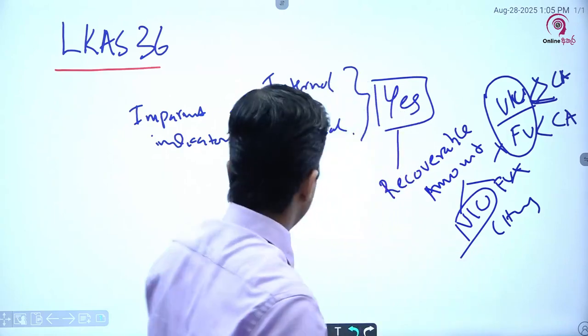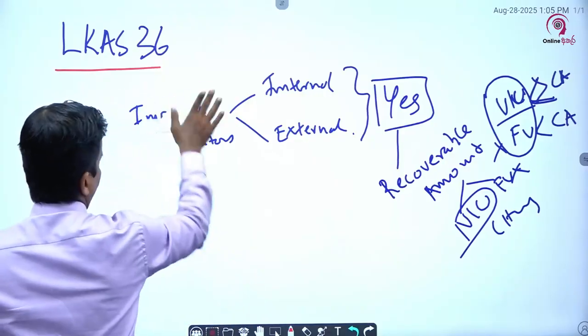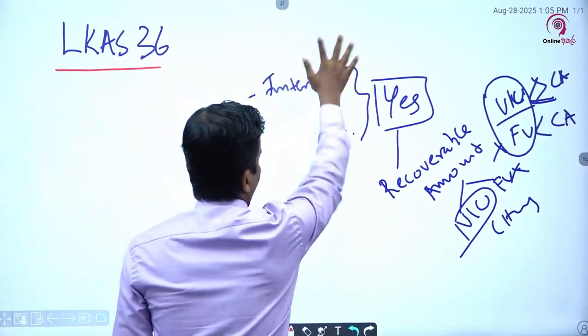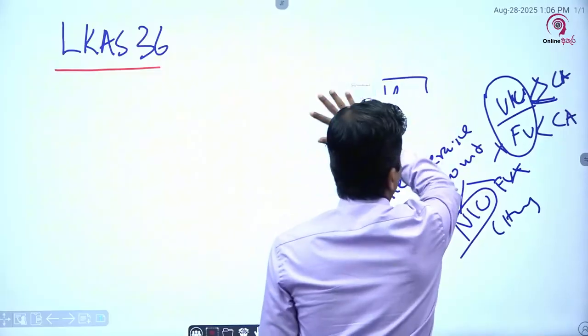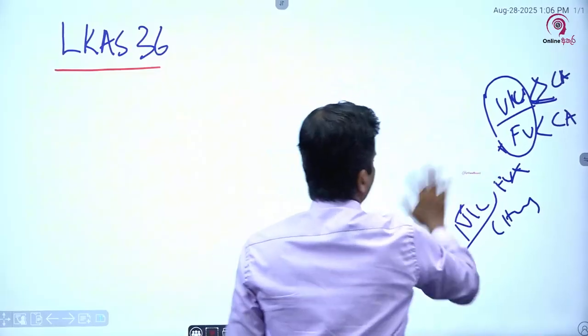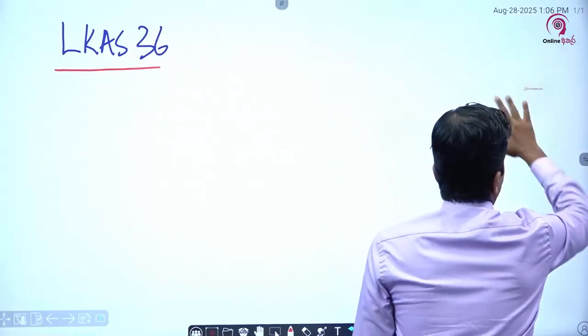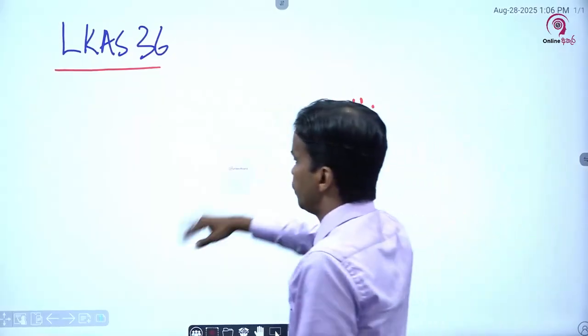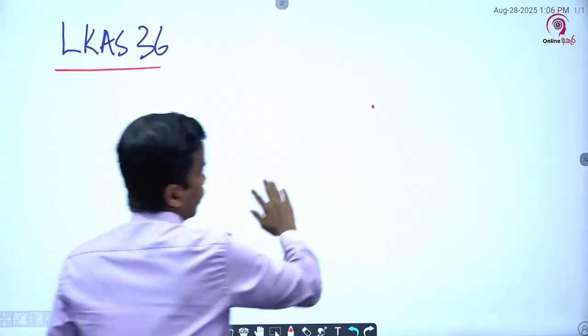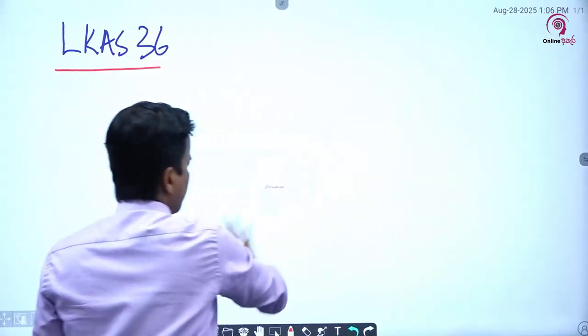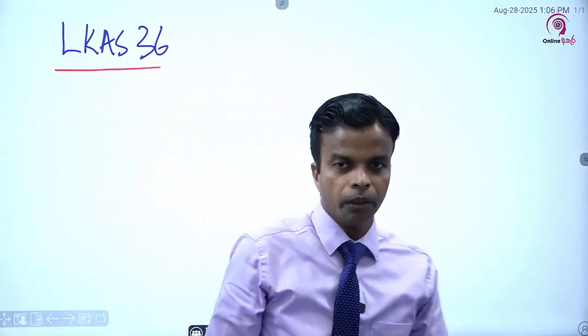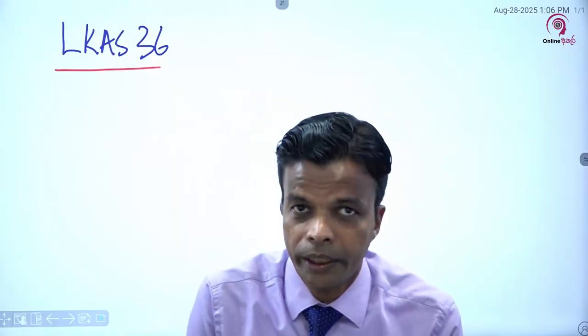However, there's another interesting area in this standard that you should understand, that is cash generating units. Certain entities have different segments, different units which generate cash flows. Now let's look at the same example, machinery.